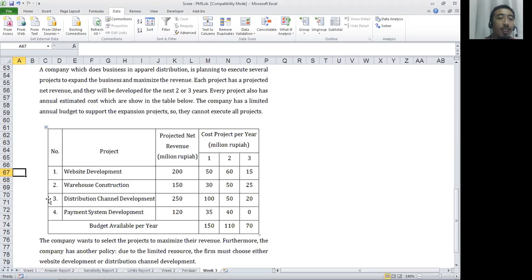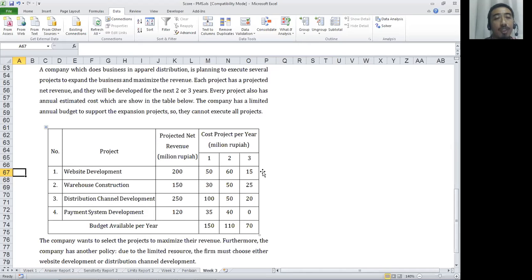So this company has four alternatives: whether to run the website development project, warehouse construction project, distribution channel project, or payment system project. The total revenue of each project is like this, and this is the cost of the project each year.